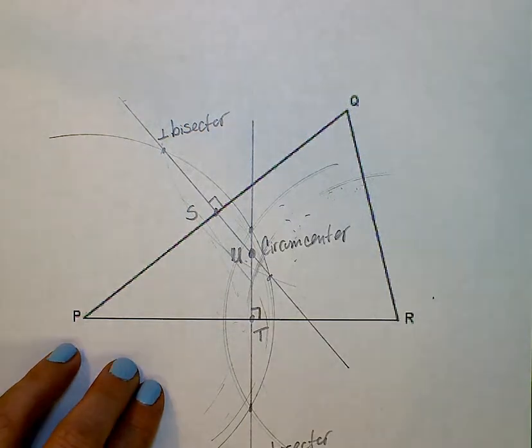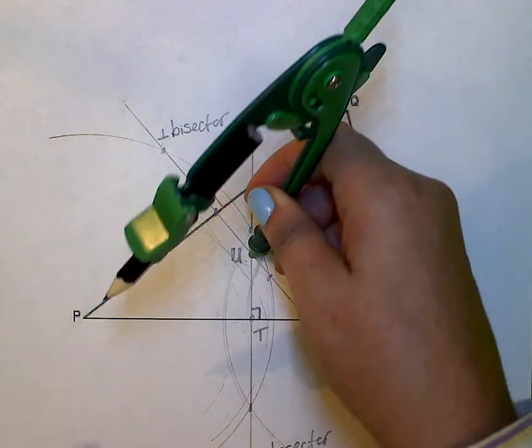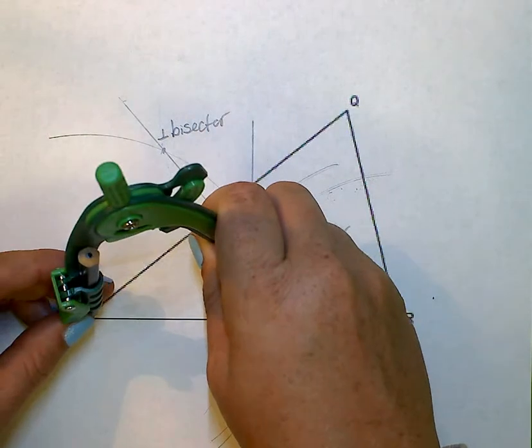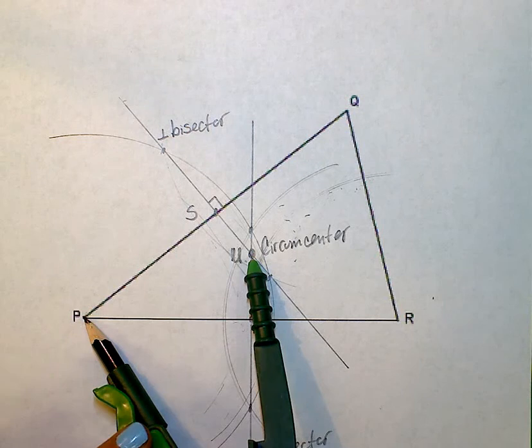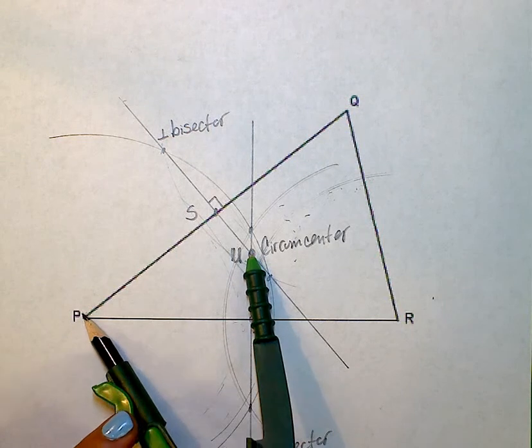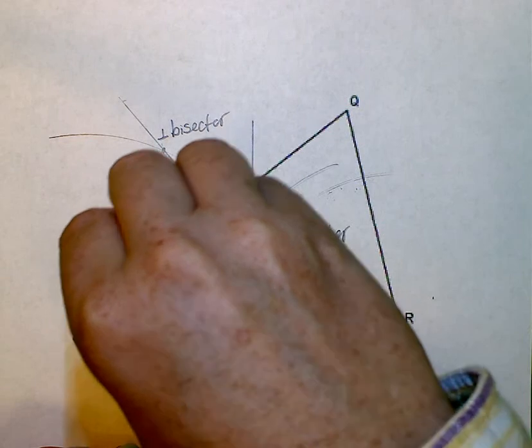Now there's something really nifty about a circumcenter. Watch carefully. You're going to take your compass point, the anchor point, and place it on U, and then place the drawing point on P. So your compass looks like this. Anchor point on U, drawing point on P. Now, carefully sweep all the way around.